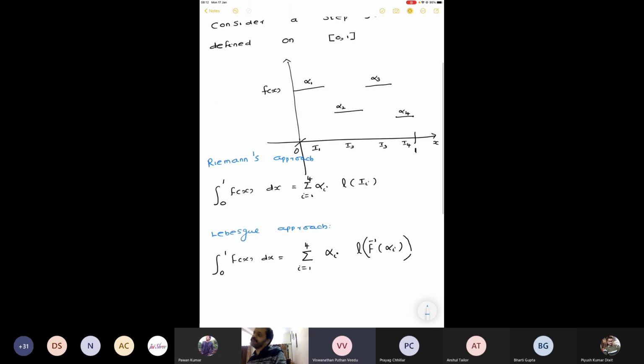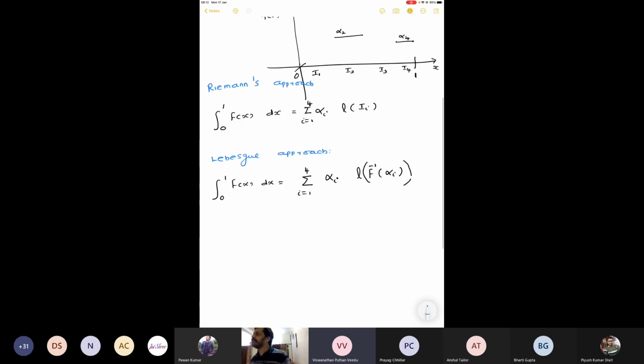If instead of this step function you have an arbitrary function, and you consider f inverse of alpha i, that need not be an interval. It can be some subset of the domain which is not an interval. And therefore, Lebesgue's approach will force us to define length for sets other than intervals. This f inverse of alpha i in this example happened to be an interval, but that is not so in general.